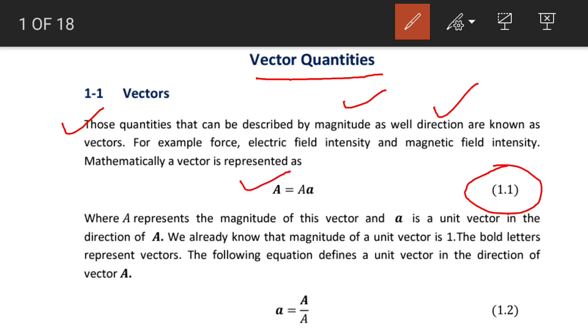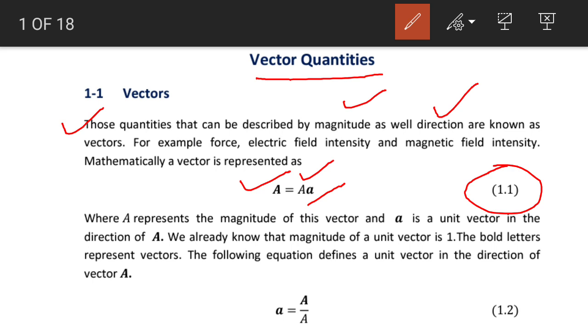Vector A is represented with the help of equation number 1.1, and the first quantity on the right hand side represents the magnitude of this vector quantity, and small a represents the unit vector in the direction of vector A.